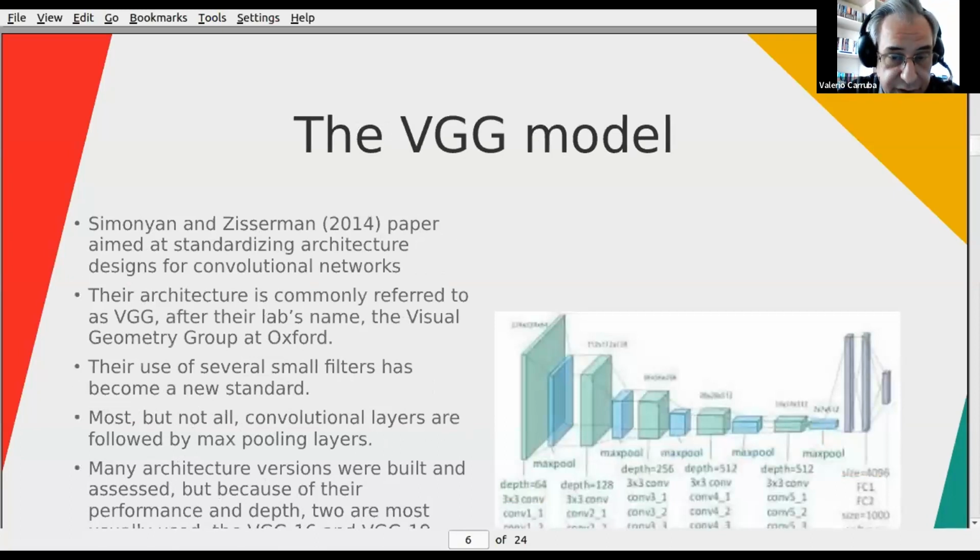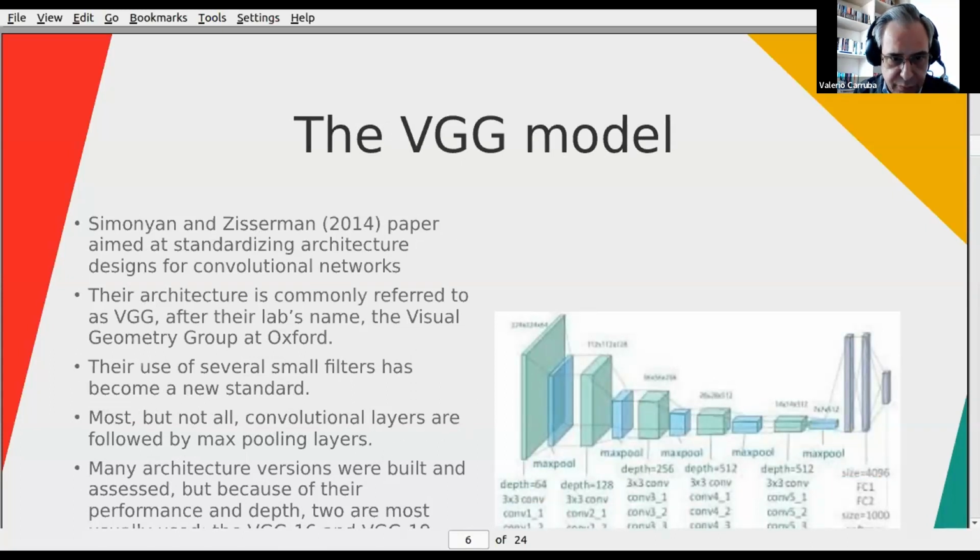So there are several convolutional neural networks that have been used in the literature. Here I'm going to review 3 of the most commonly used. First, the VGG model, by Simonyan and Zisserman in 2014, aimed at standardizing architecture design for convolutional networks. This architecture is commonly referred to as VGG, after the lab name, the Visual Geometry Group at Oxford. They use several small filters, becoming a new standard.